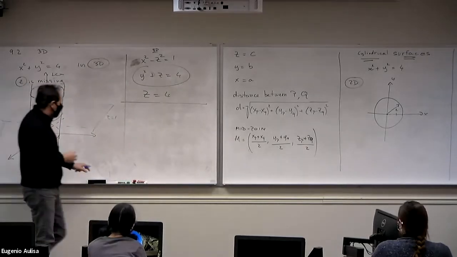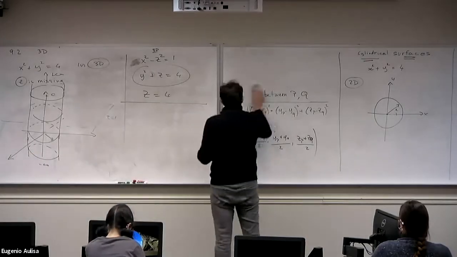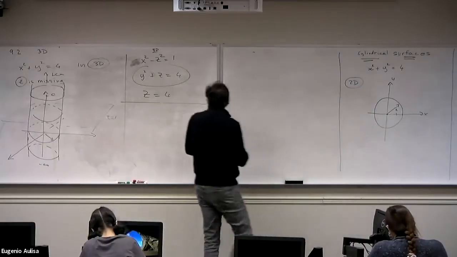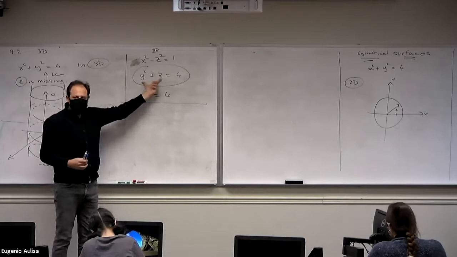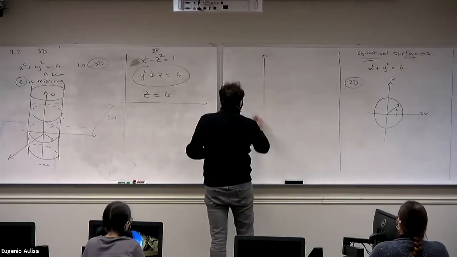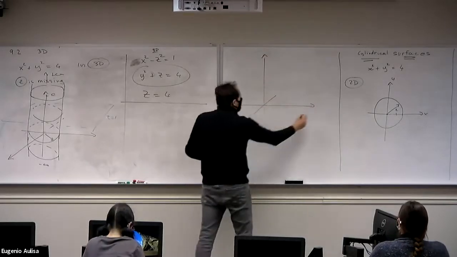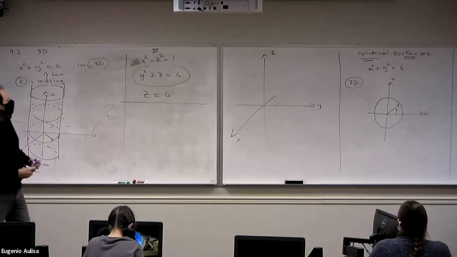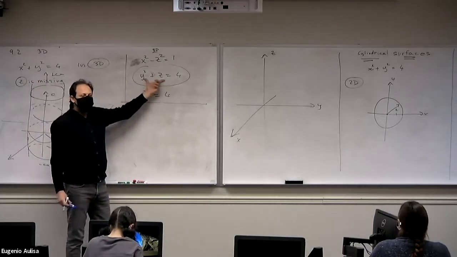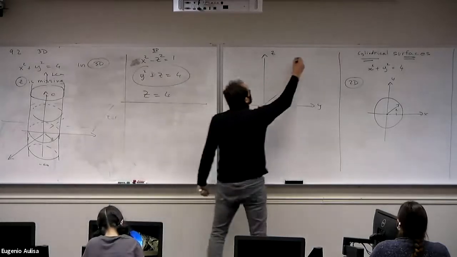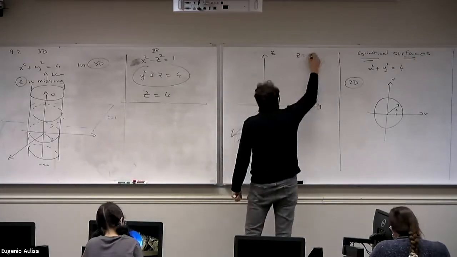So let's start with this one that is easier. What do you think we are going to get there? So this is a cylindrical surface that evolves parallel to x, right? On the YZ plane, what is the YZ plane? A whiteboard, right? What is the trace of this equation on the YZ plane? It's a parabola, right? You can write it as z equals 4 minus y squared.